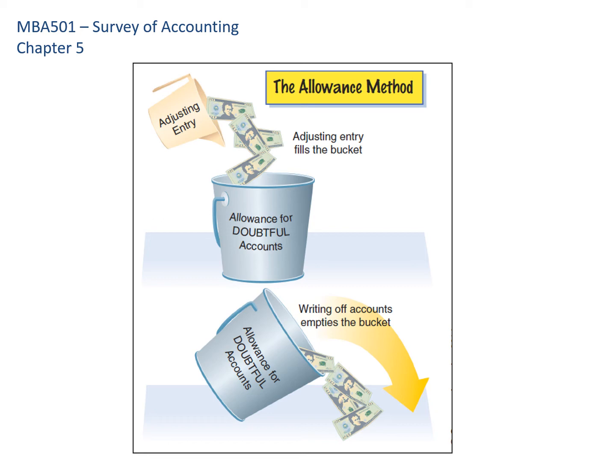So we have proper matching there. Later, when we actually determine, John Doe isn't going to pay us, he filed for bankruptcy or whatever the case is, and we decide we actually have to write off a receivable that could be in the following year, we don't recognize an expense at that point. We take it out of that allowance that we've created, that provision that we've created for future write-offs.